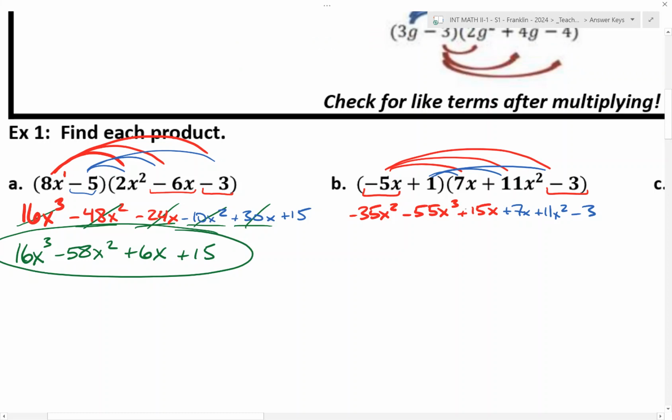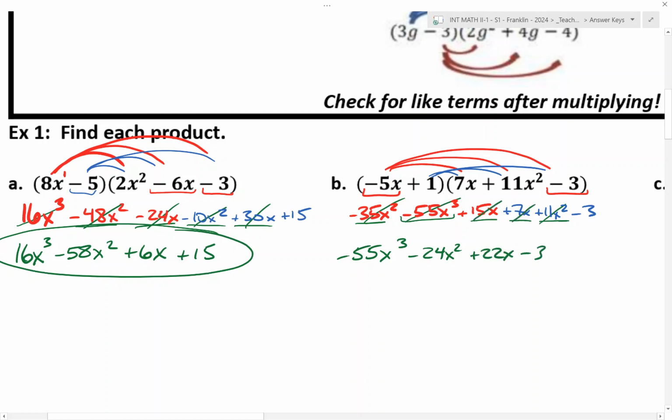All right, now we can combine like terms. So start with the highest degree. I like to do that. Negative 55x cubed. That's going to go first. And it was the only one. Now the x squared terms, negative 35 plus 11 is going to be negative 24x squared. 15x plus 7x is 22x.